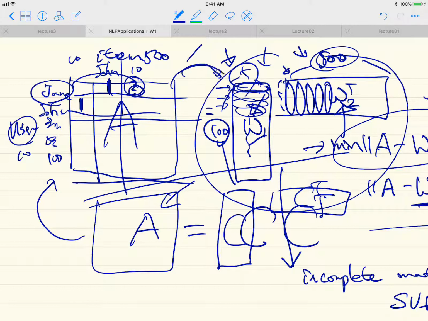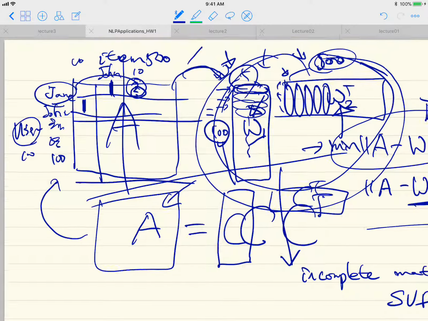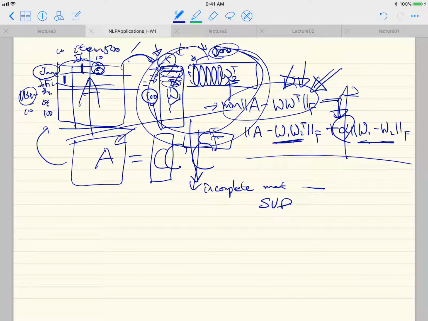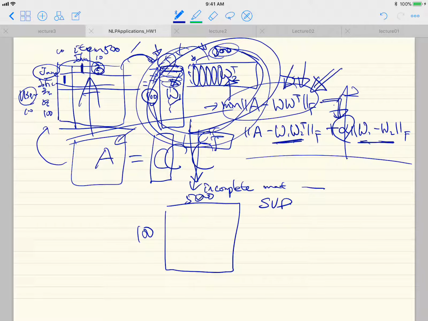And if we approximate this matrix as the product of these two low rank matrices, and then perform the matrix multiplication, it will of course generate a 100 by 500 matrix, the same size as the input matrix.